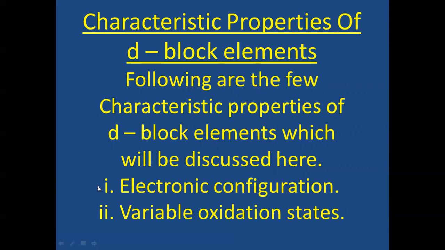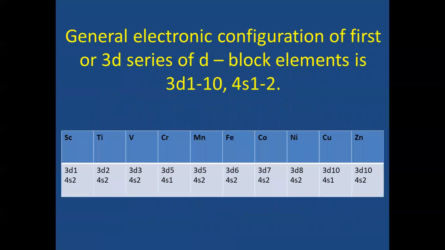Just now, I told you the general electronic configuration of these elements, which is nothing but (n minus 1)d 1 to 10, and ns 1 to 2. Then what will be the electronic configuration of the first series of these elements, also called the 3d series?